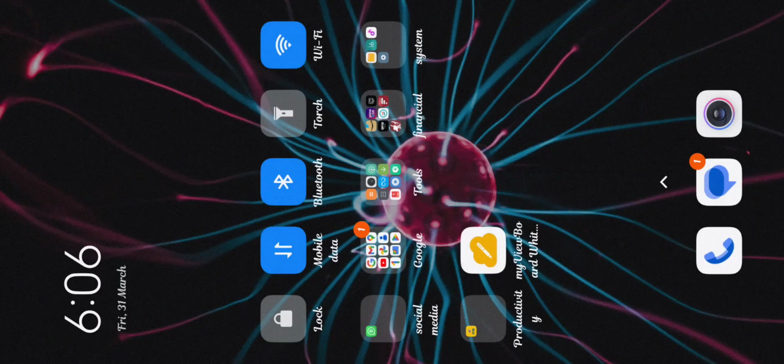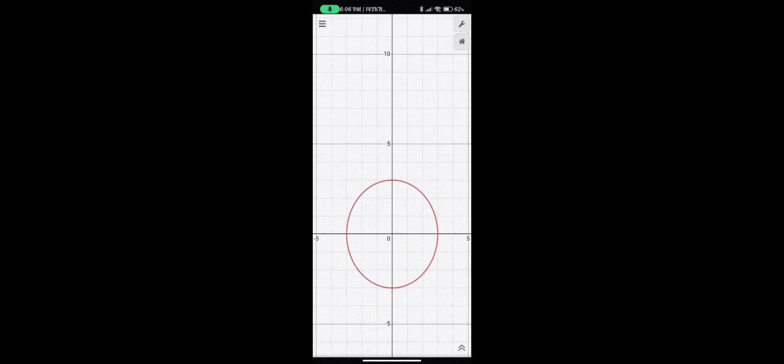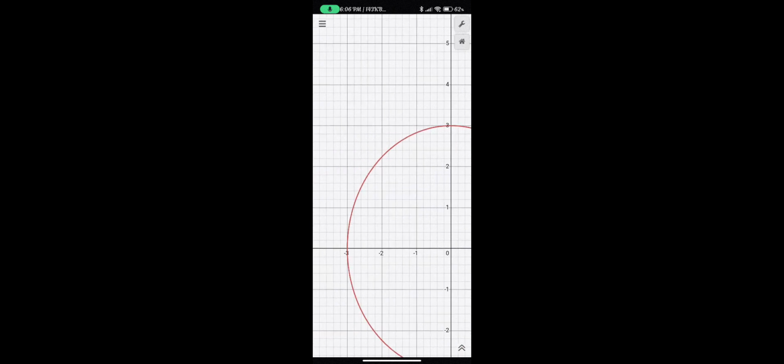If I want to visualize it, I can just show you. The equation of the circle, x square plus y square equals 9. See here, radius 3, correct? You can see radius 3 if I zoom in, from minus 3 to 3.